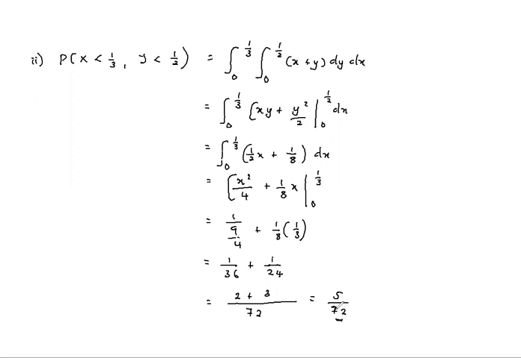Then we find the third, the marginals of x and y. So we start with the one for x, which is the integral of f of these functions with respect to y.